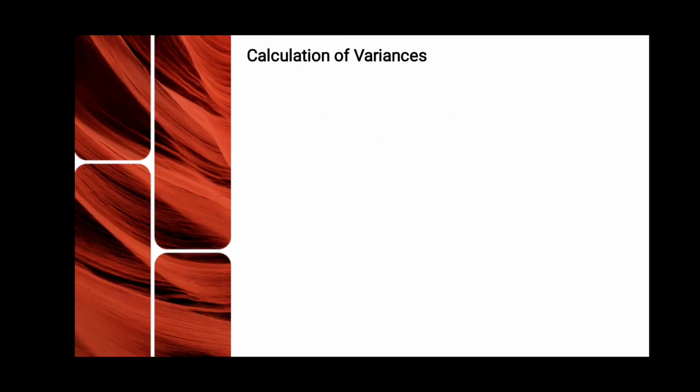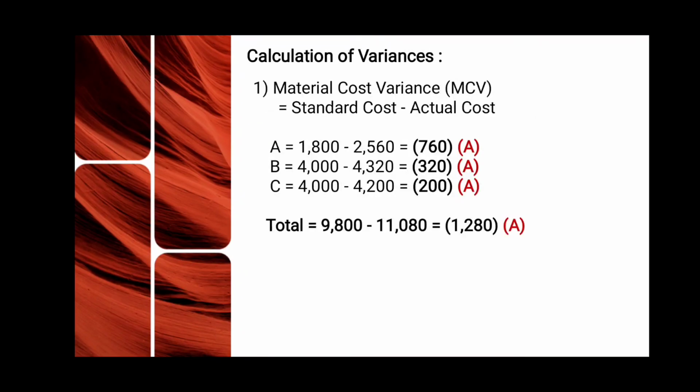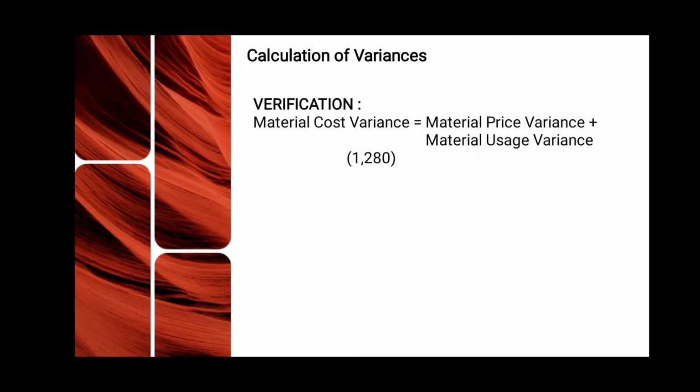So let us start with verification. Material cost variance is equal to material price variance plus material usage variance. So material cost variance total amount is 1280, that is negative. So we'll record it, rupees 1280 adverse.